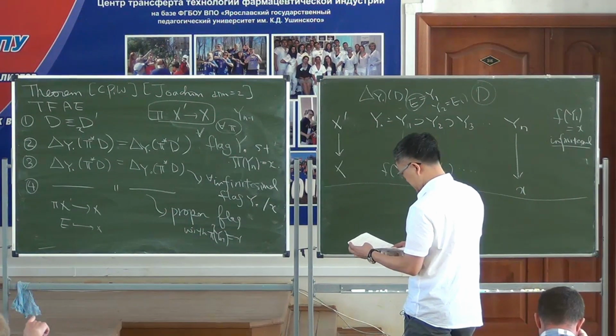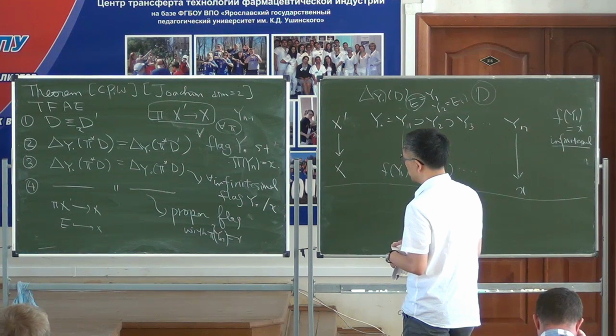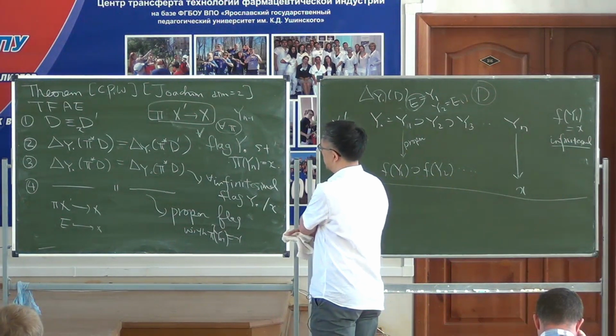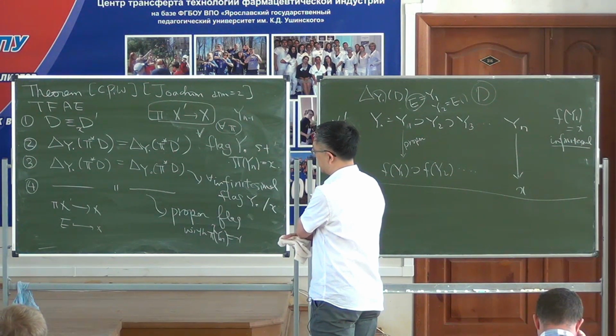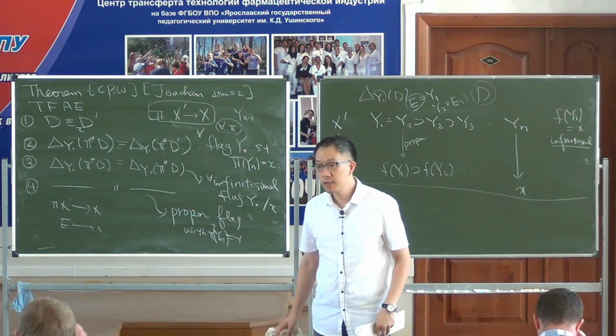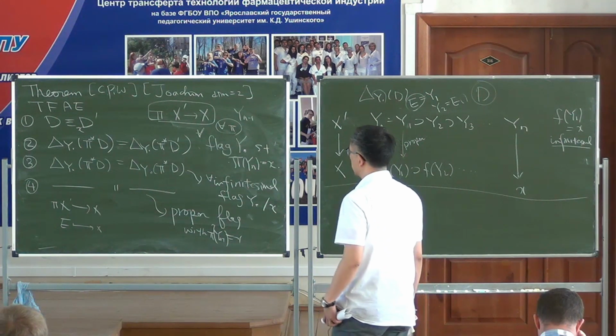Let me take your condition 3. We're speaking about generalized condition 3. Y1 being fixed is a consequence of this. So the question is, can I make all other subvarieties linear subspaces?